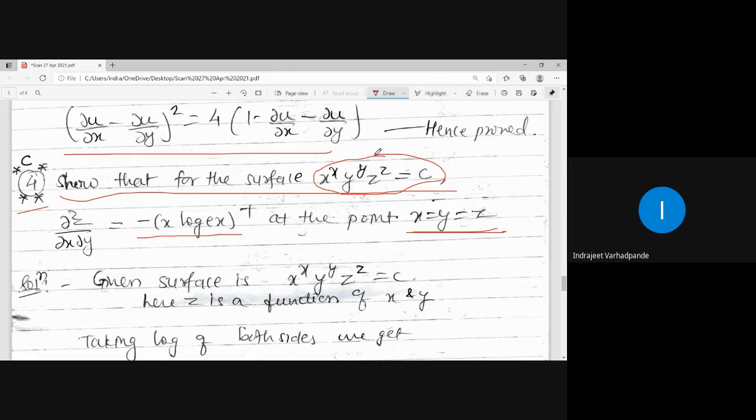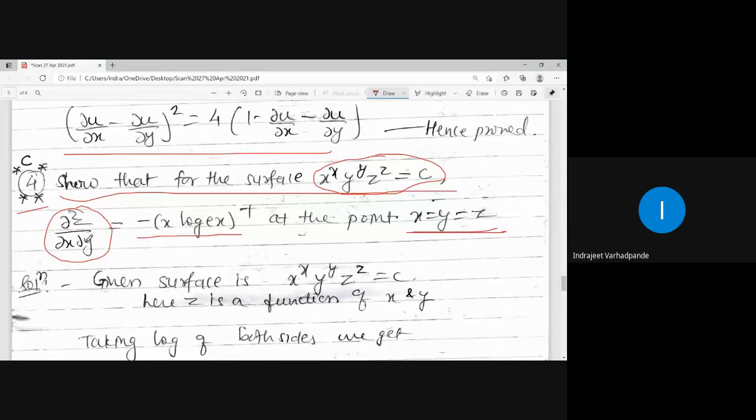Why? Because we have del 2z upon del x del y. What kind of derivative is it called? Mixed partial derivative. Which differentiation would have been done first in del 2z by del x del y? The innermost derivative is del z by del y.